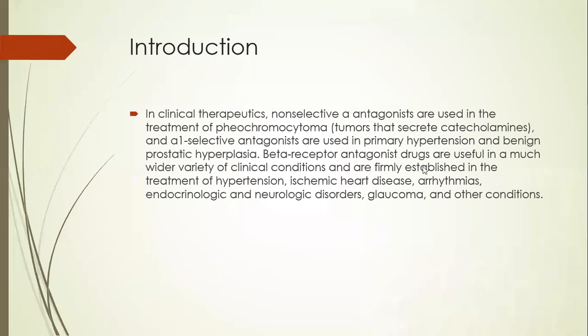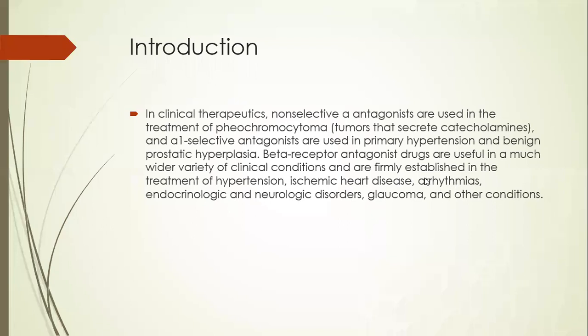Beta receptor antagonist drugs are useful in a much wider variety of clinical conditions and are firmly established in the treatment of hypertension, which is the main one we'll be considering. Another one is ischemic heart disease and arrhythmias.